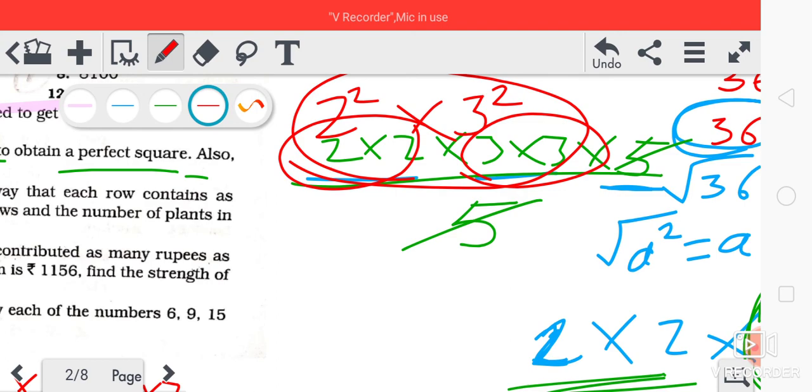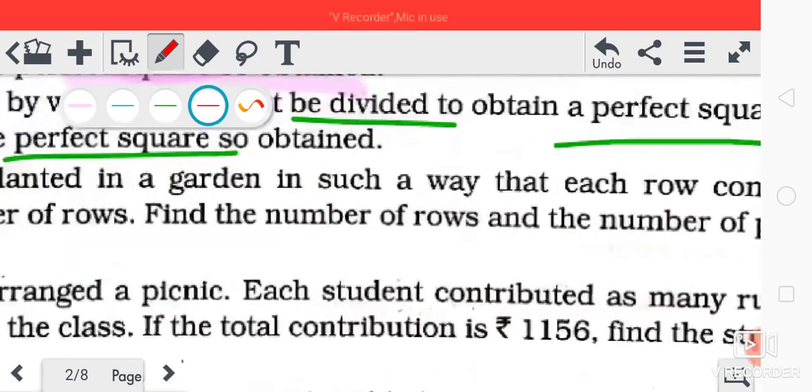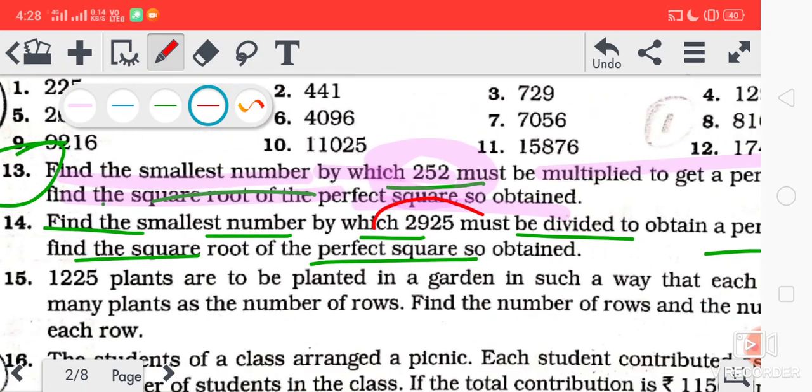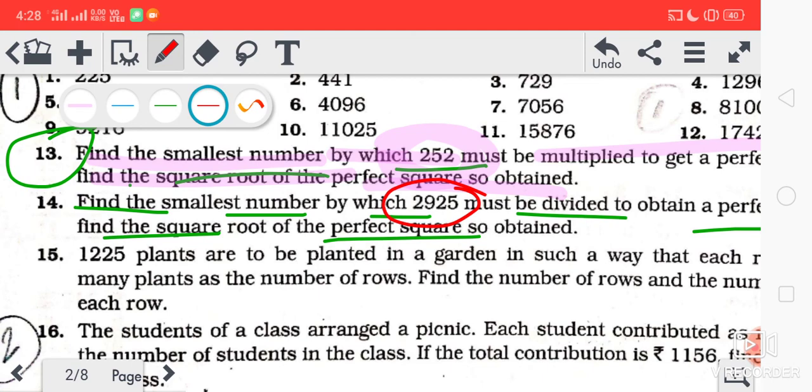So the number which is not in square form, like 5, you have to divide by that number. You will do the prime factorization of 2925, and whichever number is not in square form, you divide by that. This is the way you have to do it.